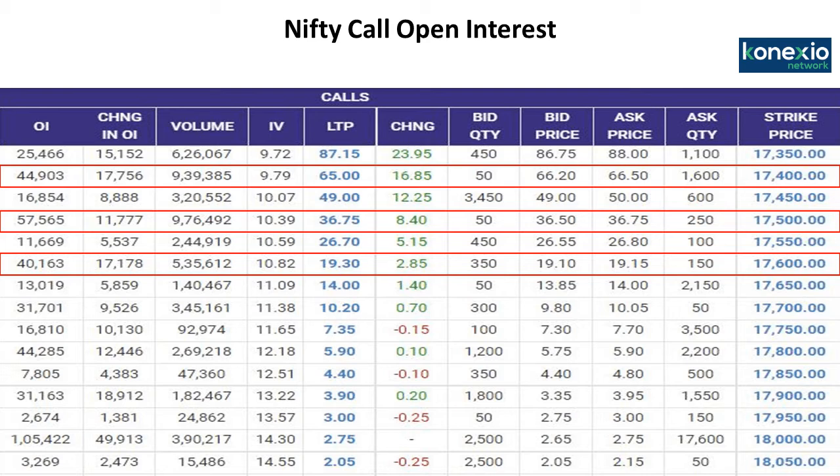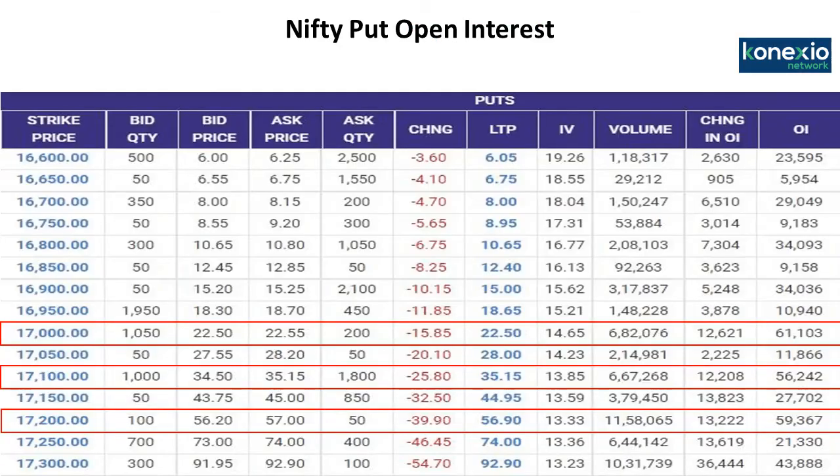Now in Nifty puts, you will see on the screen, the rise in the open interest was seen in 17,200 puts, then 17,100 puts, and 17,000 out of the money puts. Again, here you can clearly see there has been a strong rise in the open interest in these out of the money puts, which are 17,200 puts, 17,100 puts, and 17,000 puts.